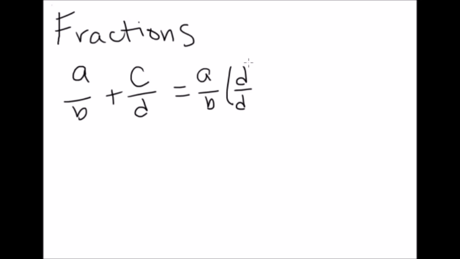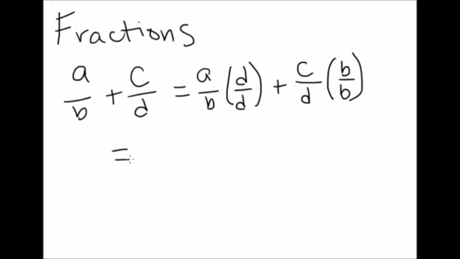Now notice that instead of the number 1, I am multiplying it by the denominator from the other fraction over itself. So here the denominator of the other fraction is d, so I've multiplied by d over d. And over here the other fraction's denominator is b, so I'm multiplying by b over b.